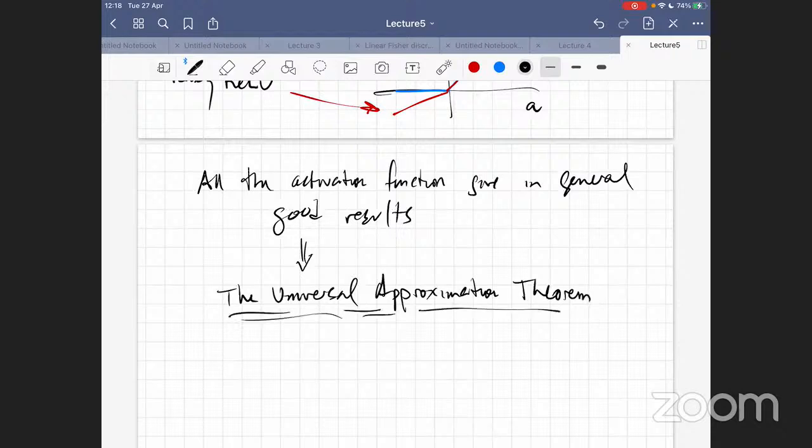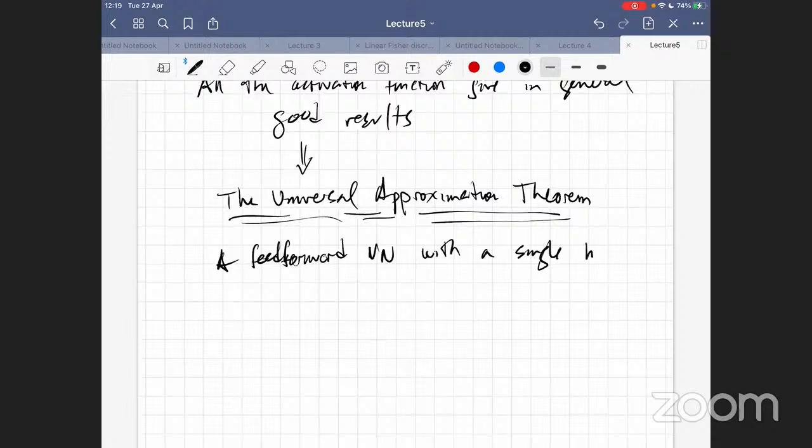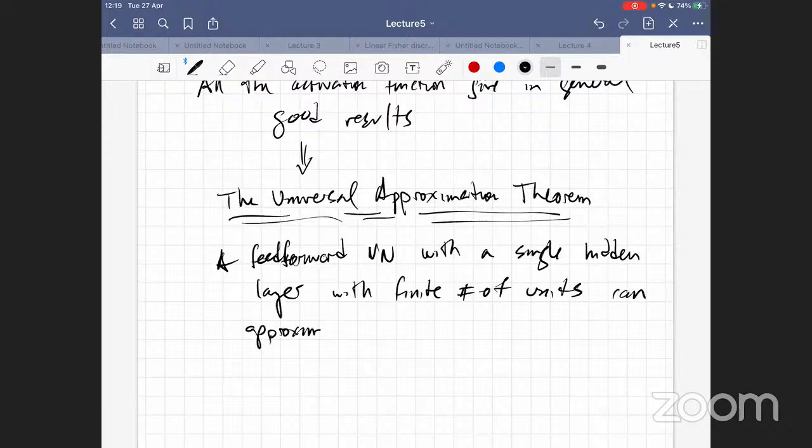Okay, so this is a very important theorem saying that a feed-forward neural net with a single hidden layer, you just need one level of nonlinearity, one hidden layer, containing a finite number of units or neurons, can approximate any continuous real-valued function.